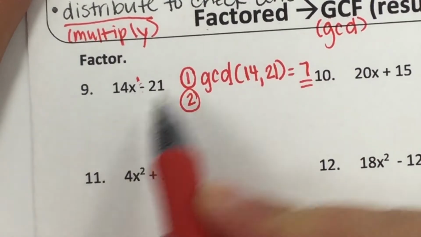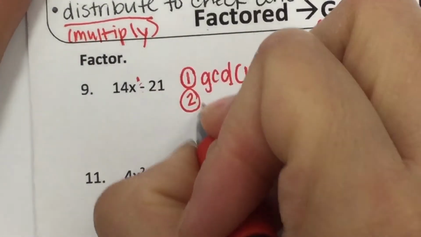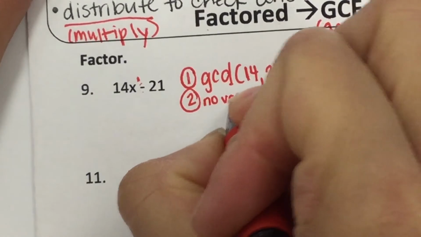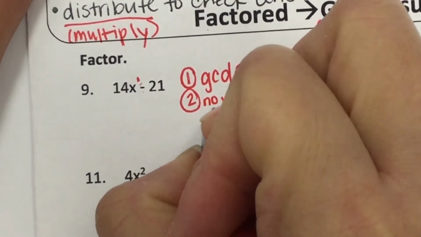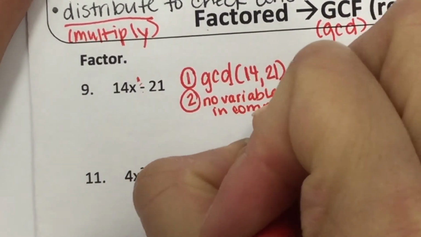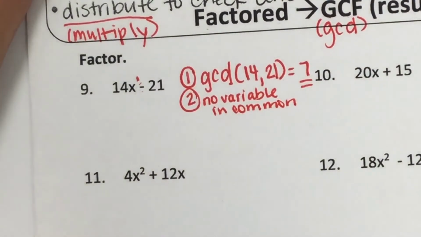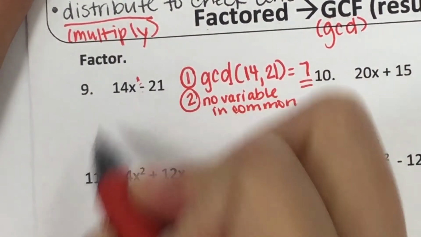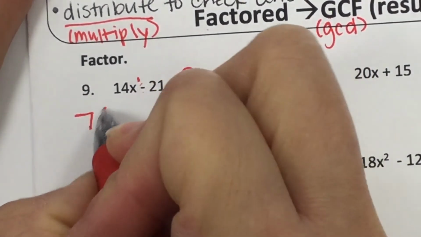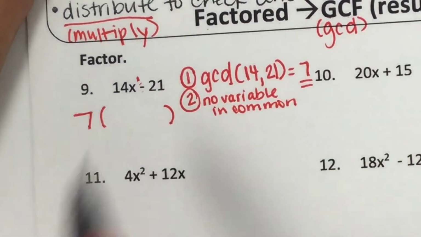Here, x to the first, and there is no x, so no variable in common. So since they have no variable in common, 7 is the only thing that's going to go on the outside of the parentheses. And then we figure out what goes inside.